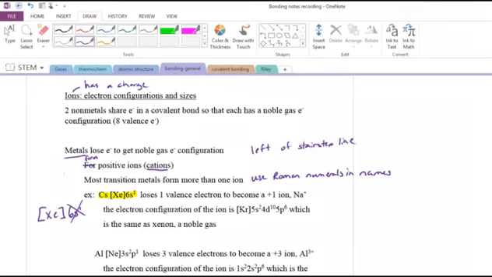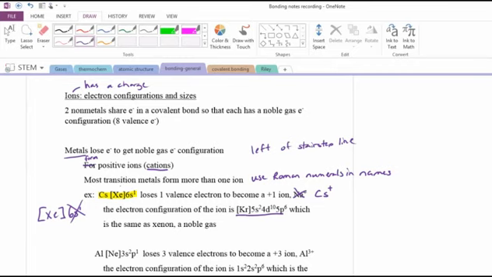All we have left is xenon. Now, it's going to become a +1 ion. Its formula is going to be Cs+ for the +1. And so its electron configuration is now this, which is the same as xenon.